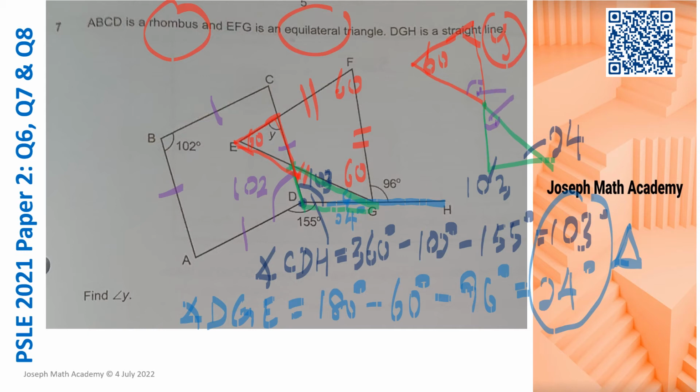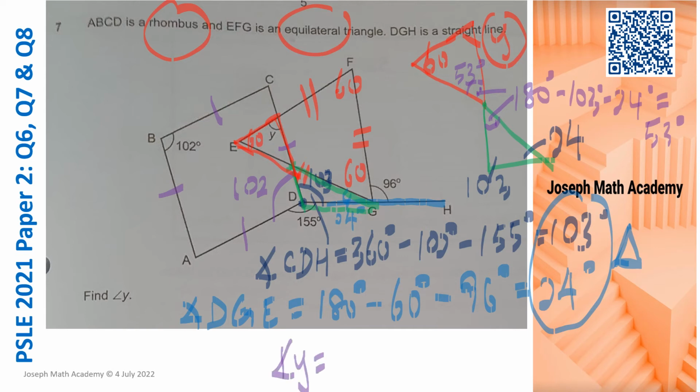Using the sum of angles in a triangle, 180 degrees, subtract 103, subtract 24, we have 53 degrees. And this 53 degrees is inside the important triangle, meaning angle Y is found.